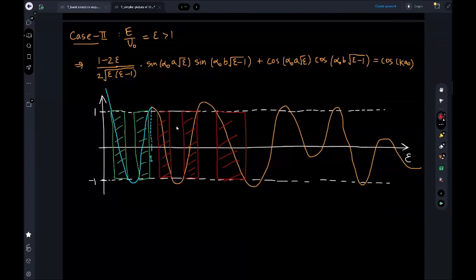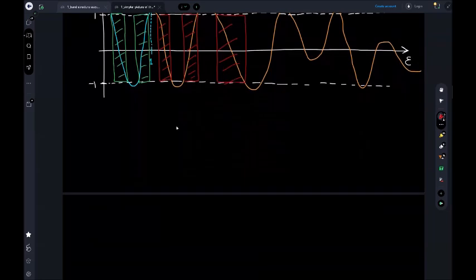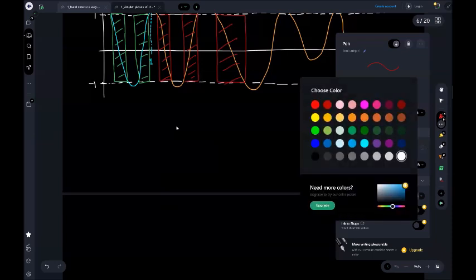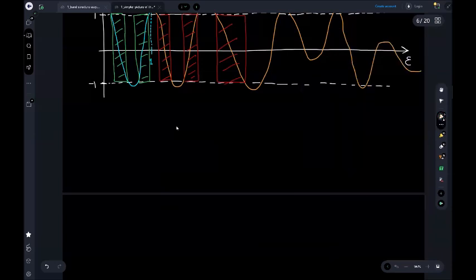So another way to represent this would be in terms of an E versus K diagram. What we are going to do is make a plot of the energy versus K, the same parameter K which we have defined up there.